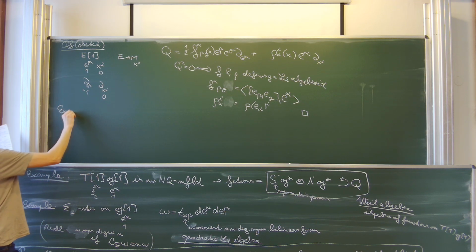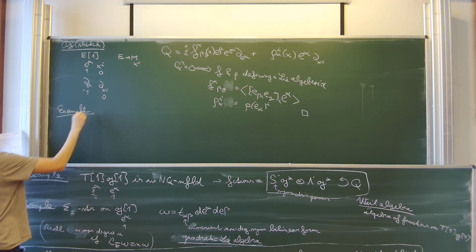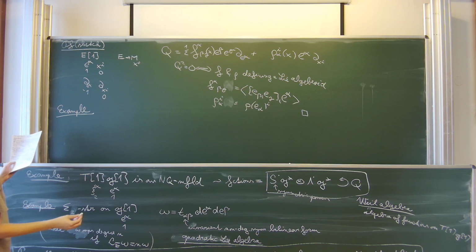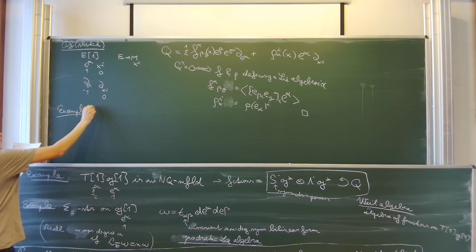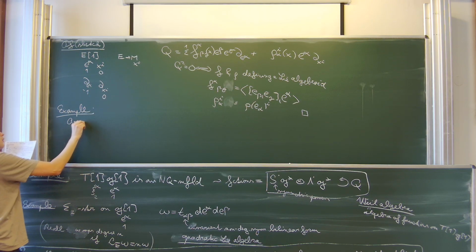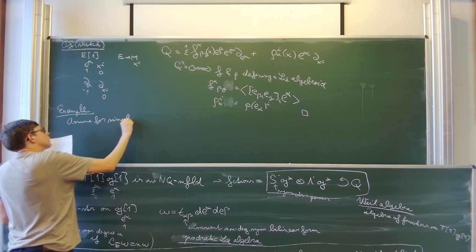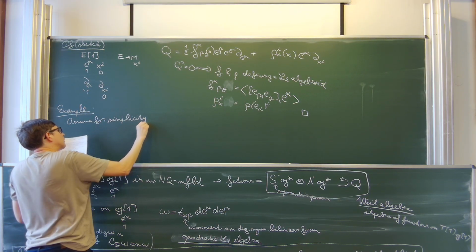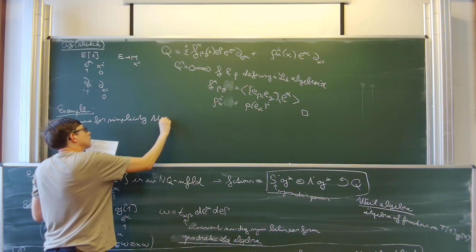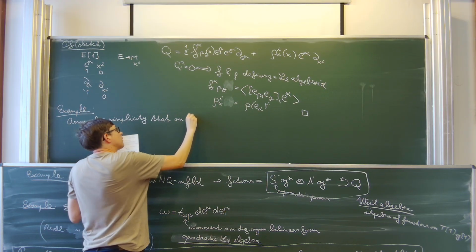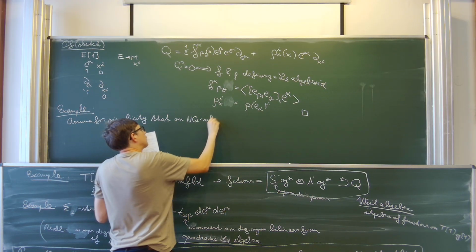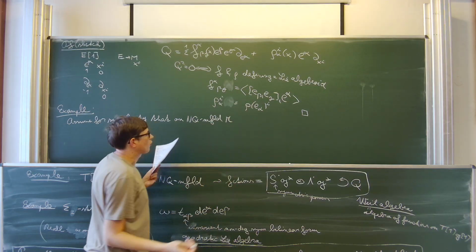Okay, now further examples. And here, assume for simplicity that an NQ manifold M doesn't have coordinates of degree 0.